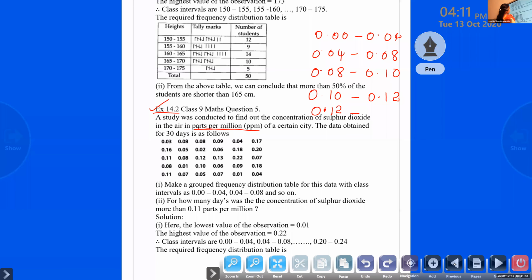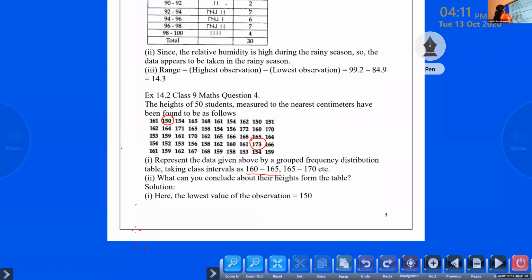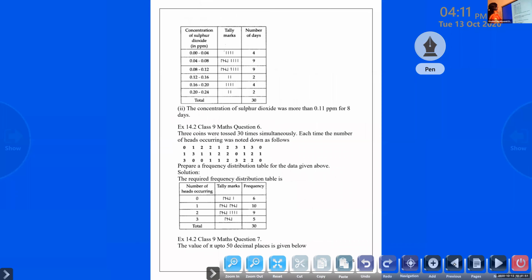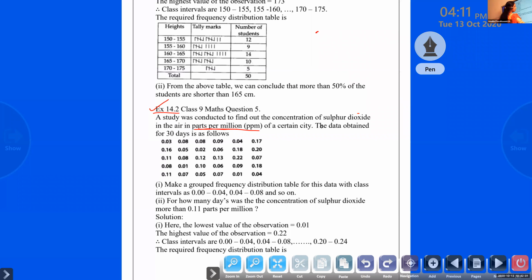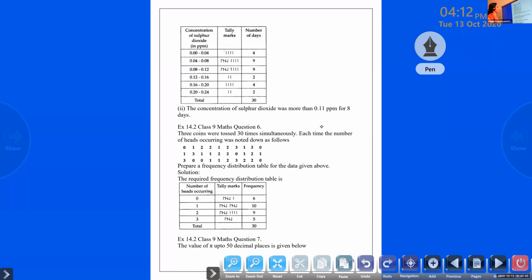How many classes are there, children? Just see. Is it correct, children? 0.04 to 0.08, like that. One minute. This is the answer. Just look at the column.